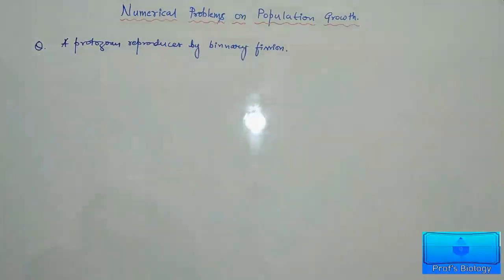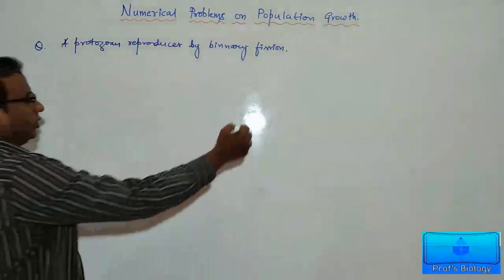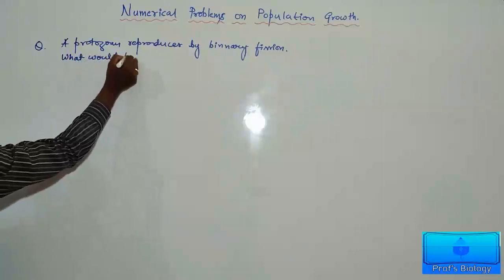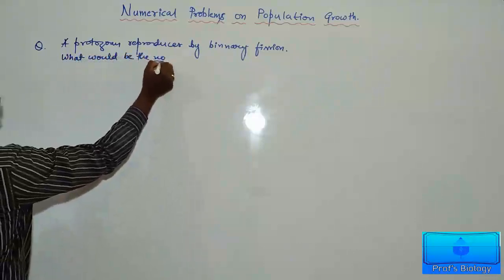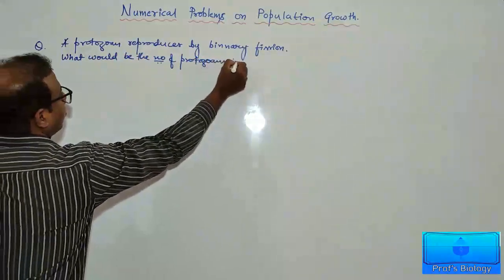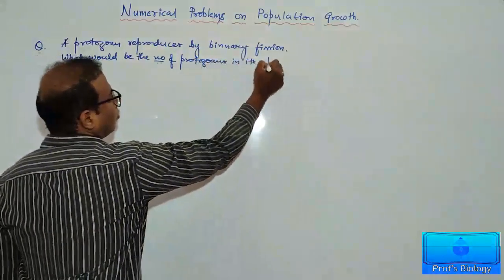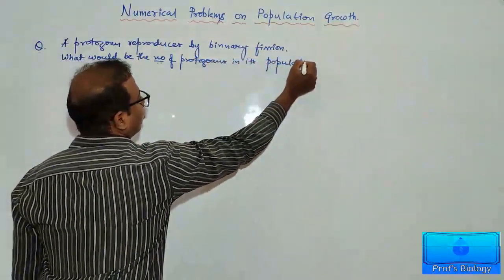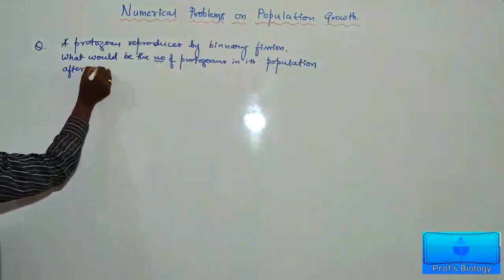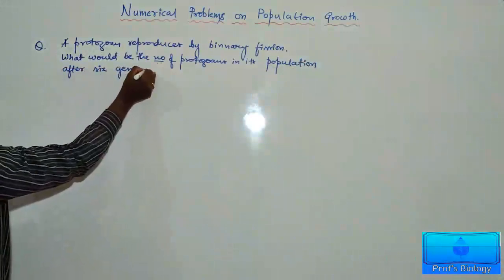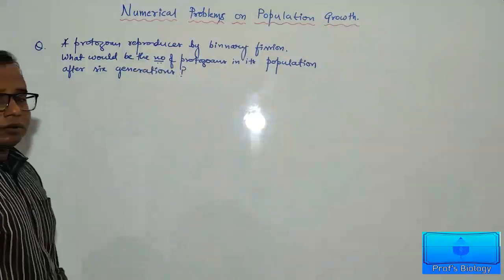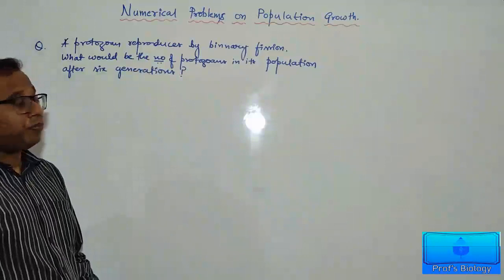What will be the number of protozoans in its population after 6 generations? Now this is a problem on binary fission.